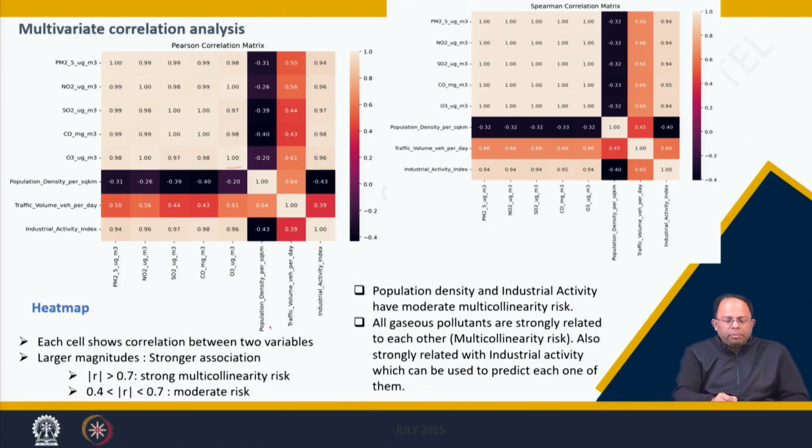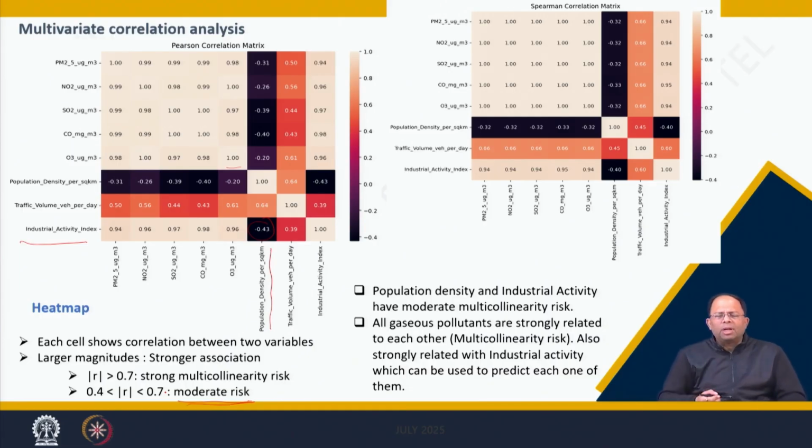For example, population density per square kilometer and industrial activity index. You see, this is minus 0.43. Now minus is basically negative. That means when one increases, the other decreases, and vice versa. And minus 0.43 is a moderate level of risk of collinearity, right? So if it is between 0.4 to 0.7.